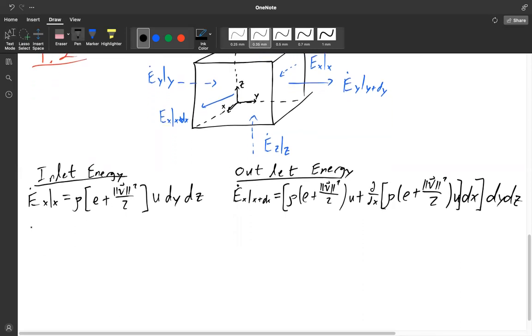Similarly, for the y direction, we have rho times e plus V squared over 2 times V, dx dz.